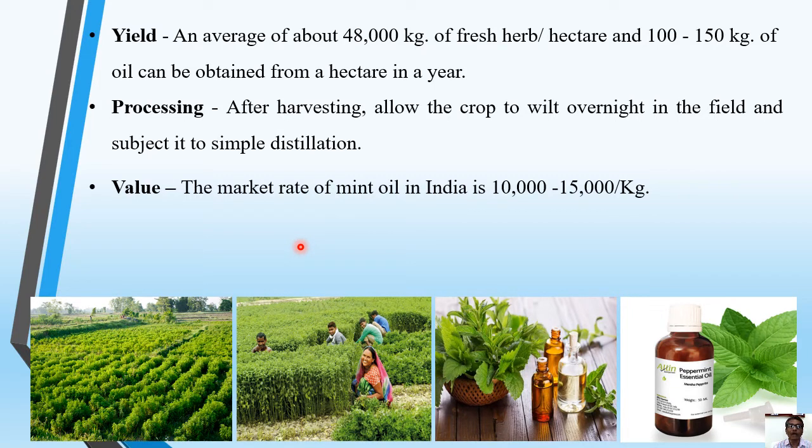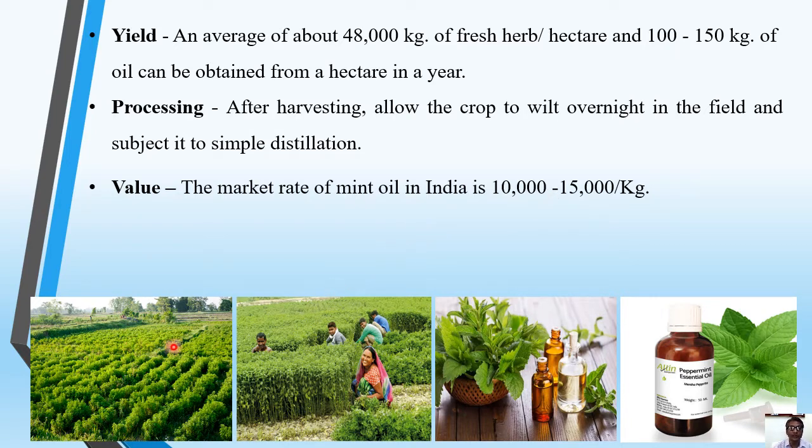Processing: after the harvesting, allow the crop to wilt overnight in the field and subject it to a simple distillation process. About the value, the market rate of mint oil in India is 10,000 to 15,000 rupees per kg.